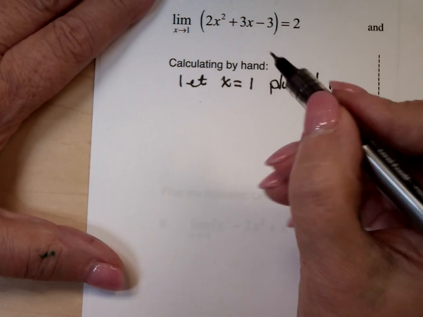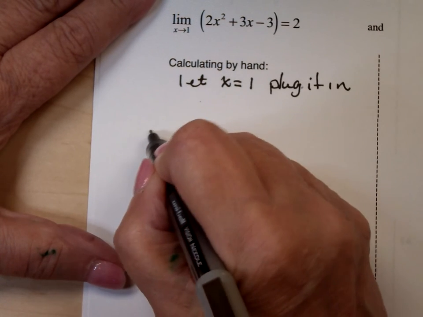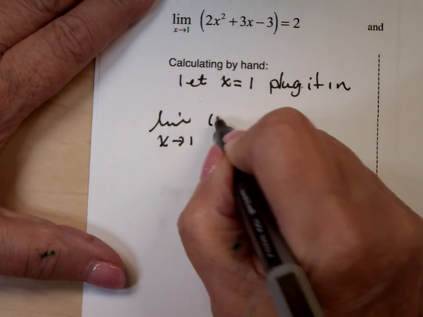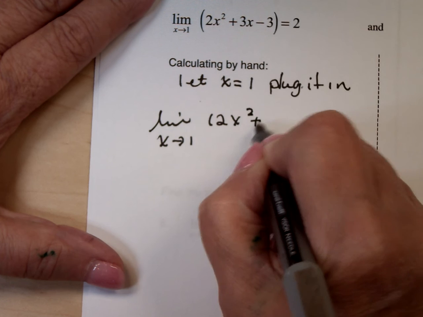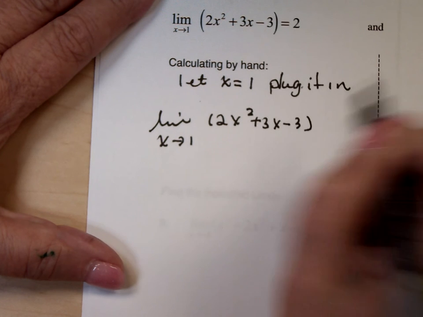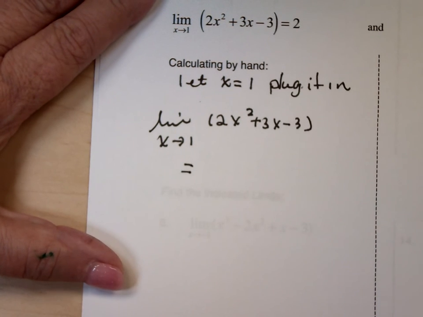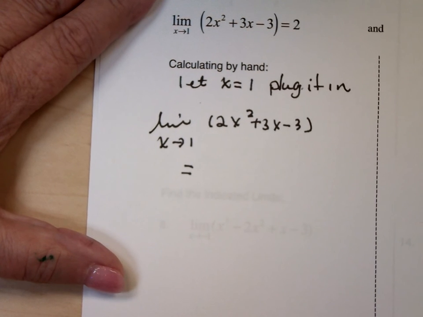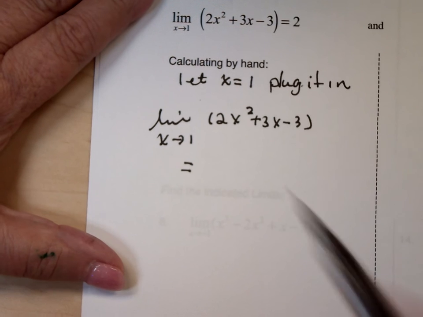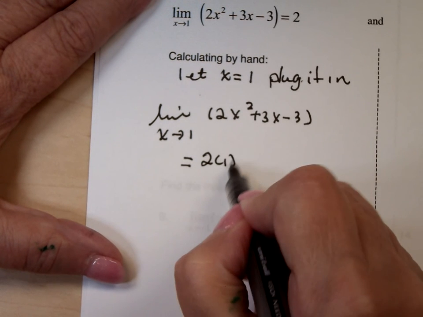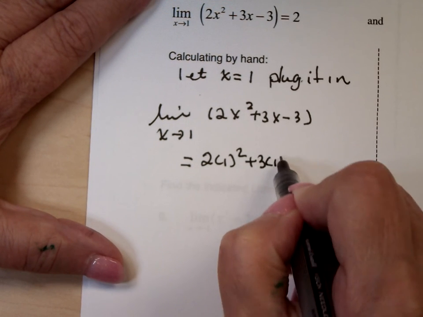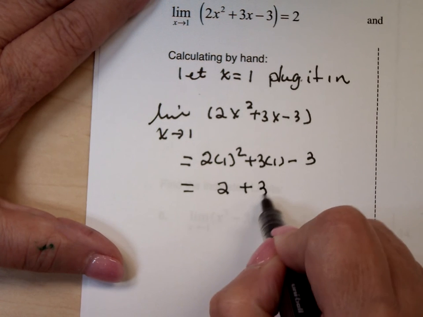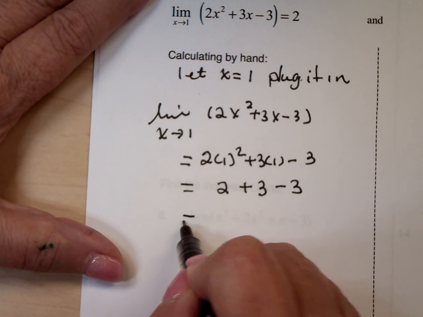So if I take the limit as x approaches 1 of 2x squared plus 3x minus 3, it would be equal to, the first thing I do, it's the y value at some x value, plug it in and see what I get. 2 times 1 squared plus 3 times 1 minus 3, which is 2 plus 3 minus 3, it's 2.